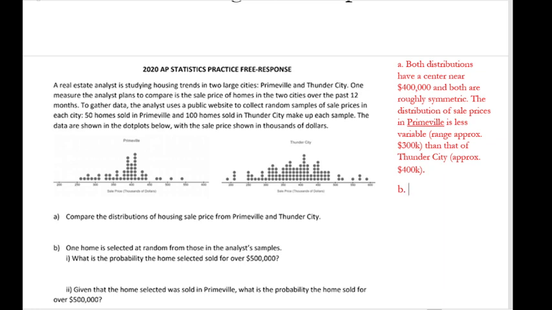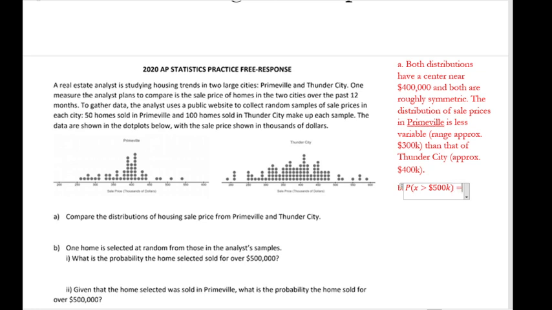So we have 1 here, 2, 3, 4, 5, 6, 7, 8, 9. So the probability that X is more than $500,000. Wow, this is just very big type. Let's try something a little bit smaller.